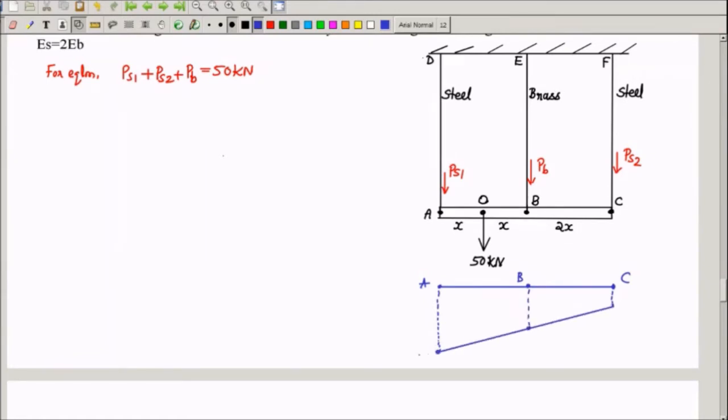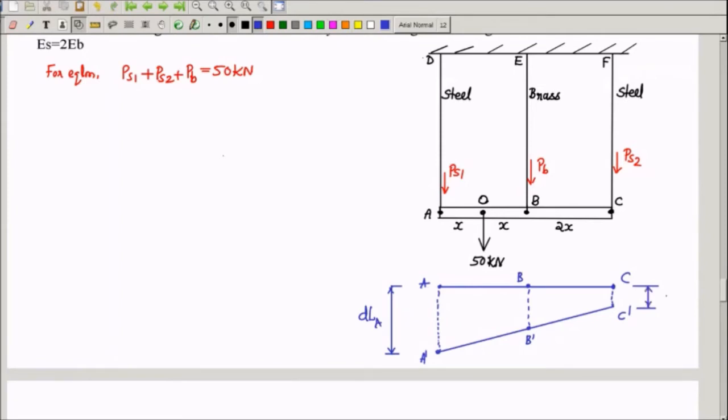I'll call these positions A dash, B dash and C dash. A, B, C is the original position of the steel, brass and steel wires. And after applying the 50 kilonewton load, let us say A, B, C gets shifted to A dash, B dash, C dash. Now observe that AA dash is nothing but the change in length of steel portion 1, DLA.